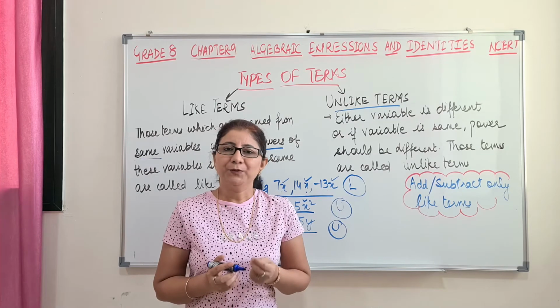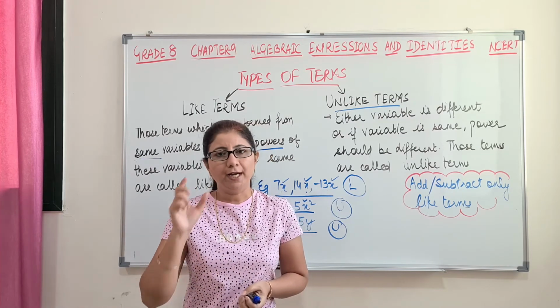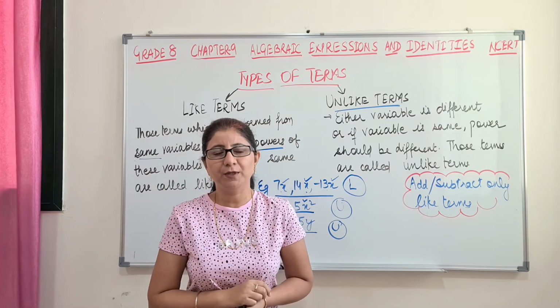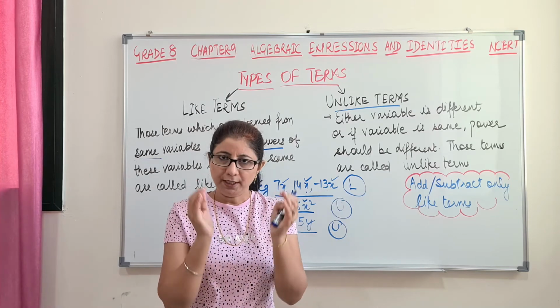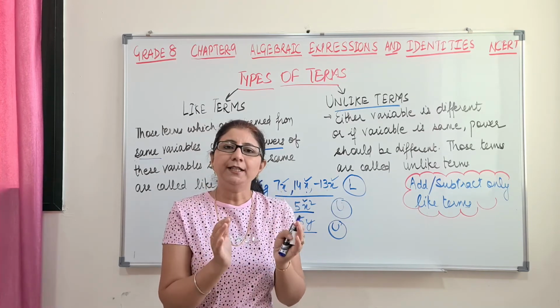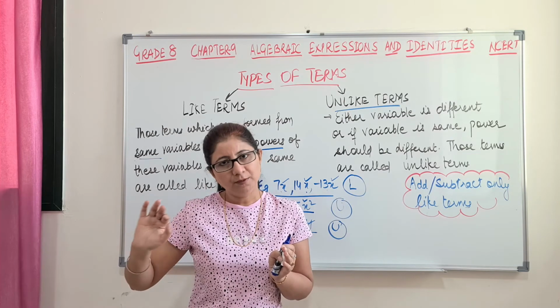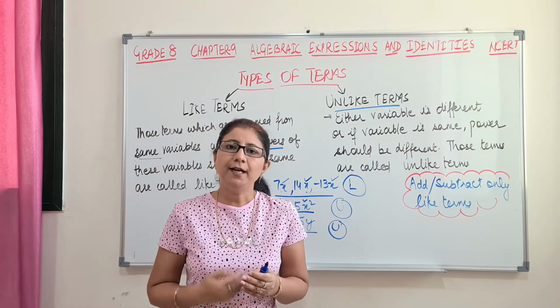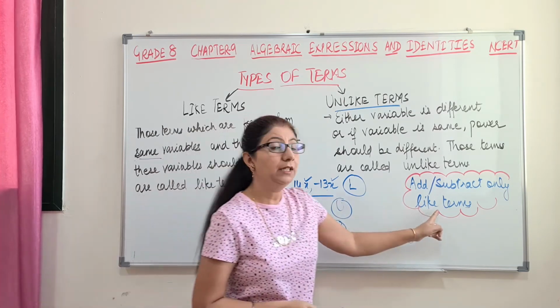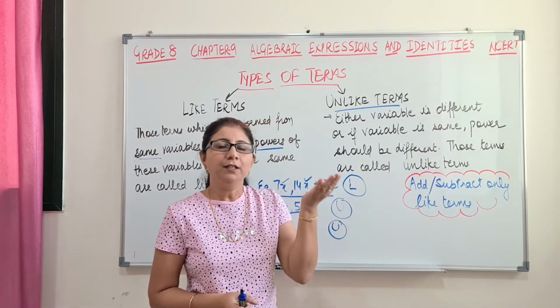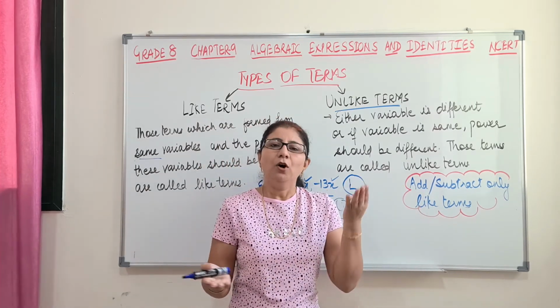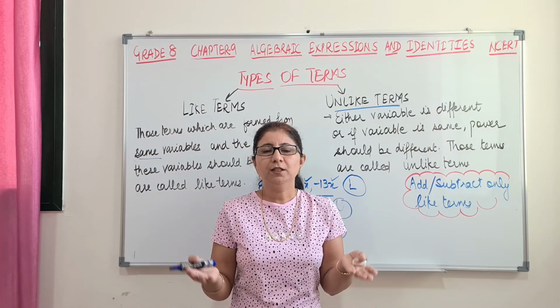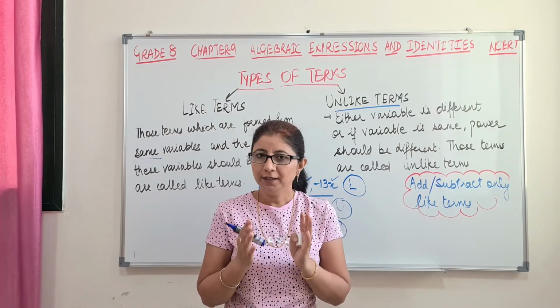Please always remember one thing, that whenever you have to add or subtract different expressions, we should club or group like terms together and unlike terms separately. We can add or subtract only like terms. We cannot add one term with a second term or subtract one term from a second term if they are not like.